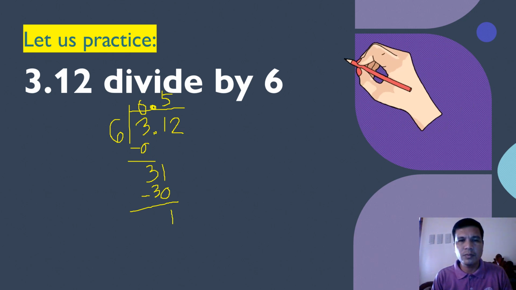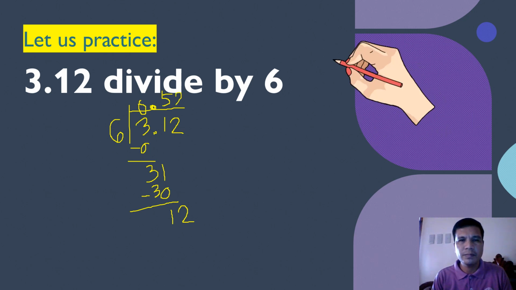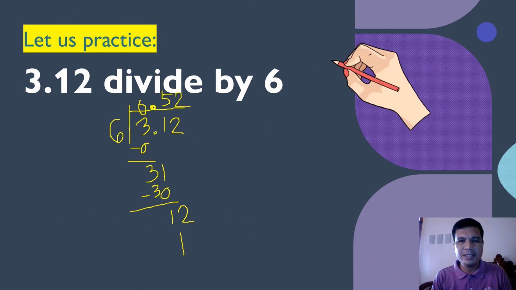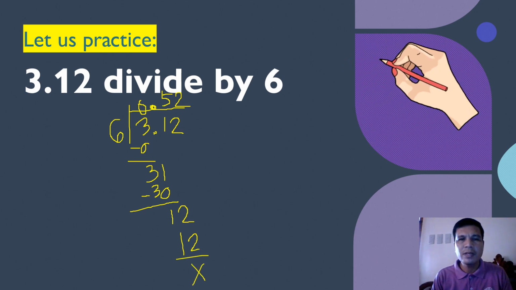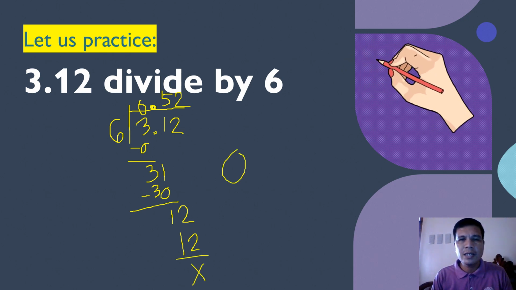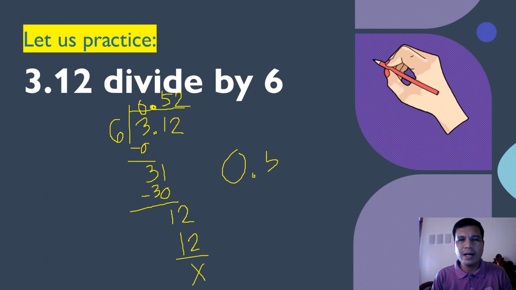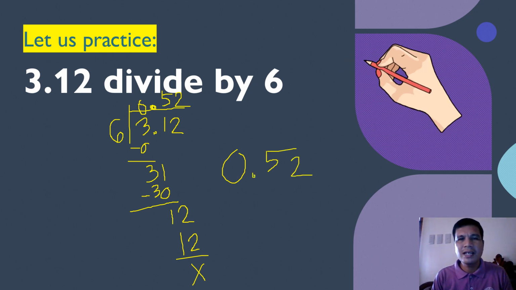Bring down 2. 12 divided by 6 is 2. Then 2 times 6 is 12. So we stop it now. Then our answer is 52 hundredths. Good job, kids.